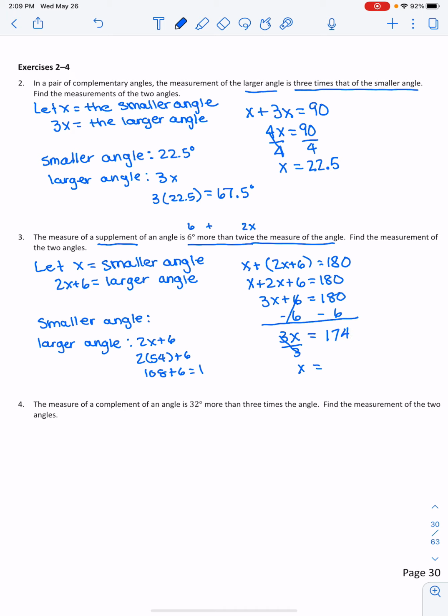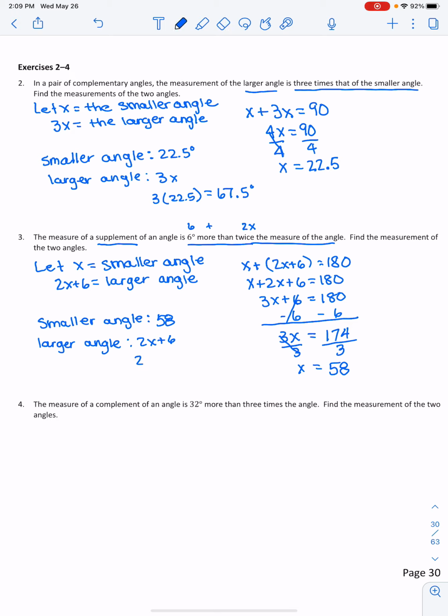I can't subtract yet. Divided by 3, 174 divided by 3 is 58. I knew something was wrong, and I knew something was wrong because it didn't add up to 180 degrees, ladies and gentlemen. That's how you know. So you always need to check yourself.